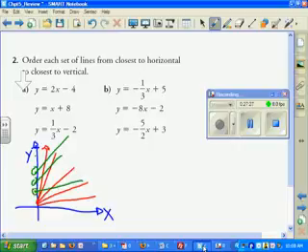It would tell us where to start, essentially. But what would tell us how close things are to vertical or horizontal is the slope information.